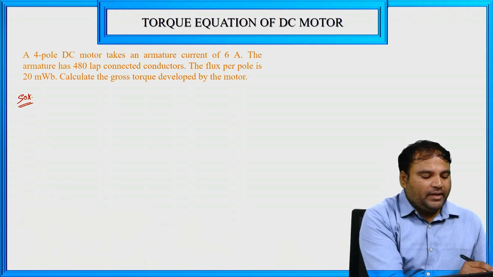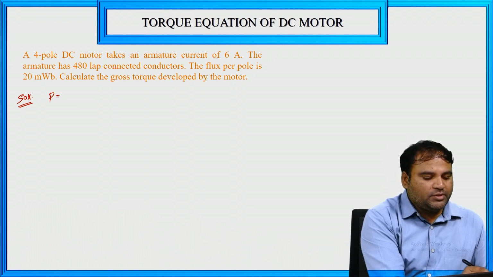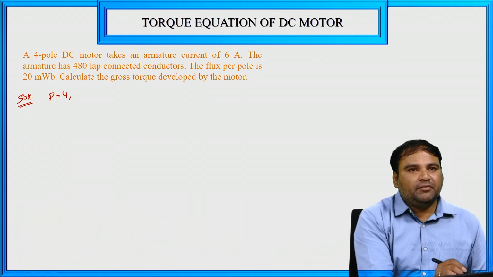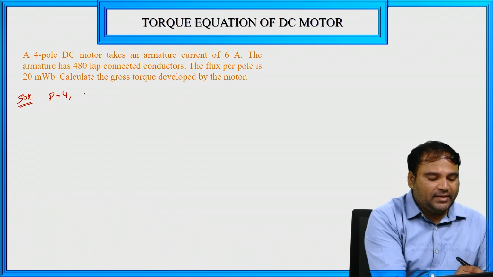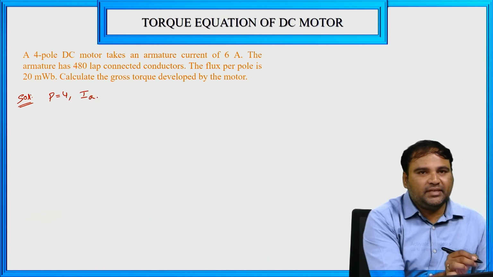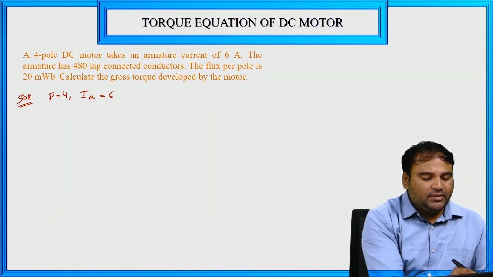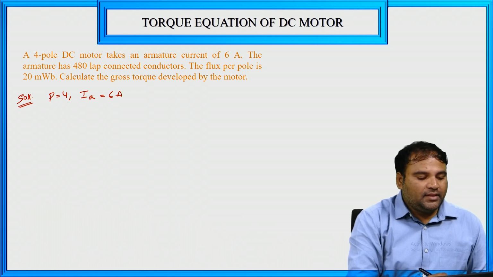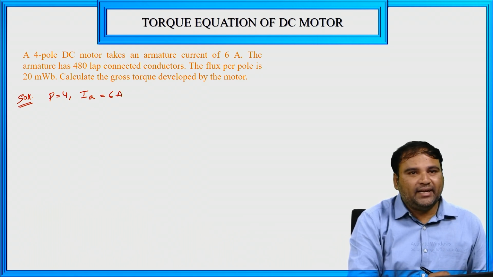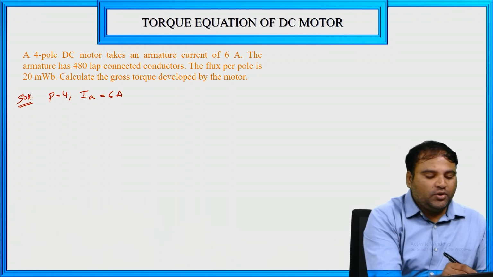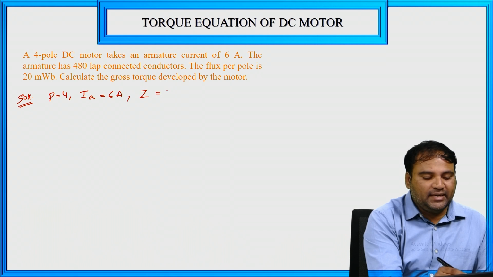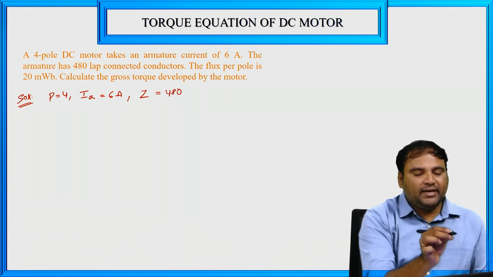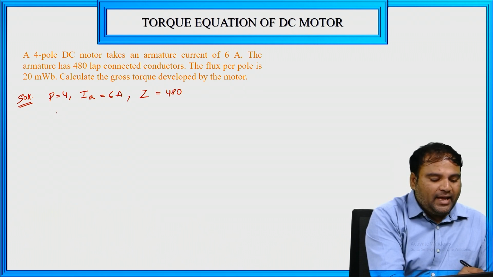So here a 4-pole, so total number of poles P equal to 4. A 4-pole DC motor takes an armature current Ia equal to 6 amperes. The armature has a total of 480 conductors. So the total number of conductors is represented by Z, and in this DC motor we have 480 conductors, and it is lap connected.